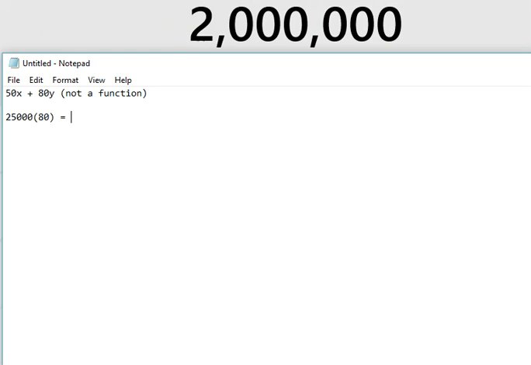So if I sell all of the tickets for $80, I would bring in 2 million.